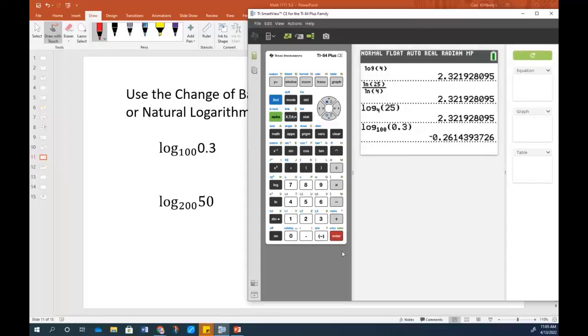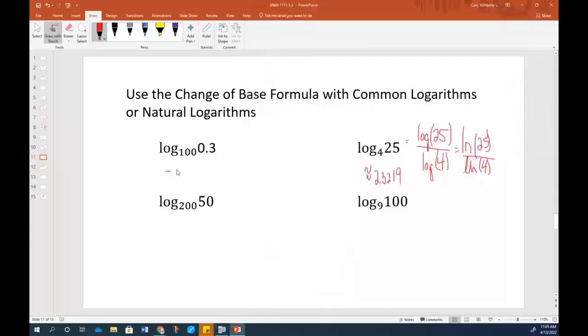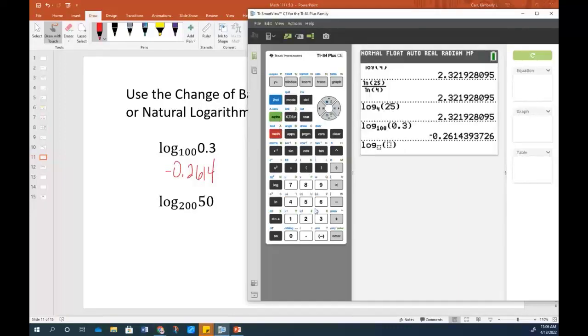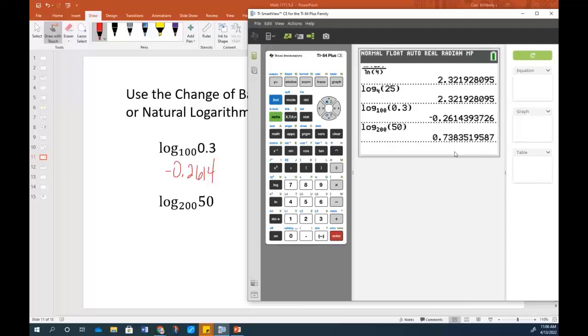So negative 0.2614. Math, and then alpha math. Put in my 200, log base 200 of 50, 0.7384.